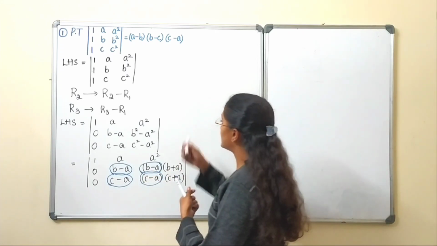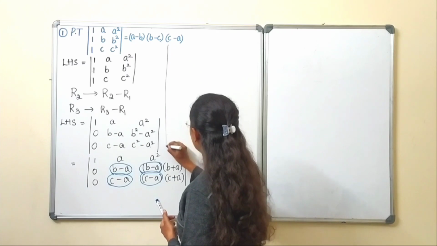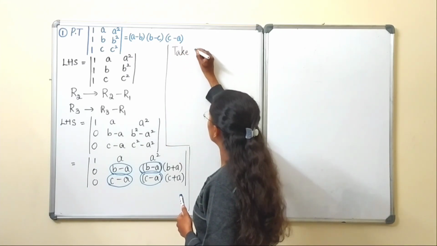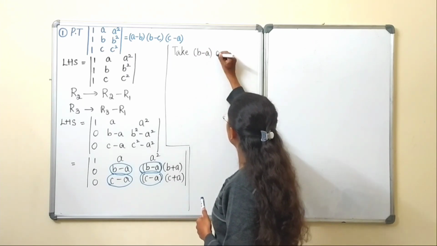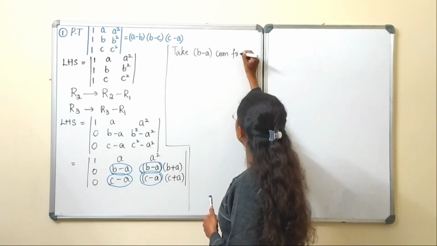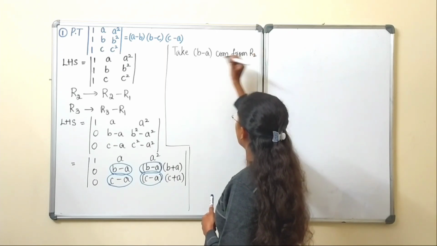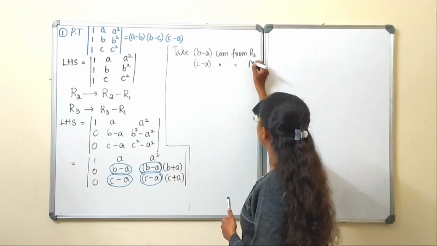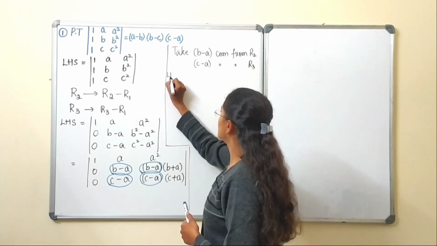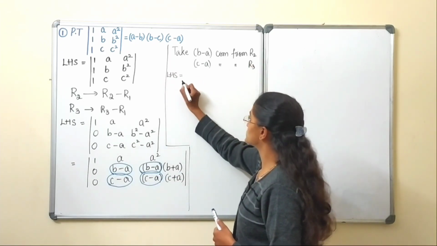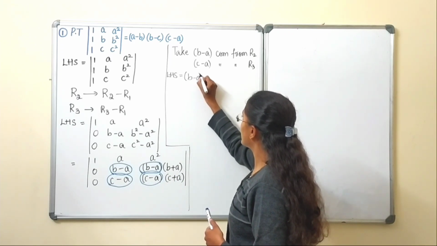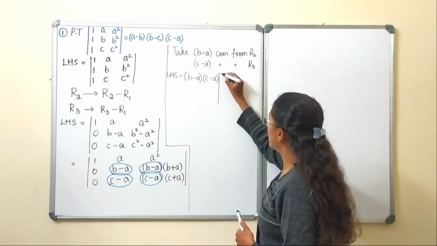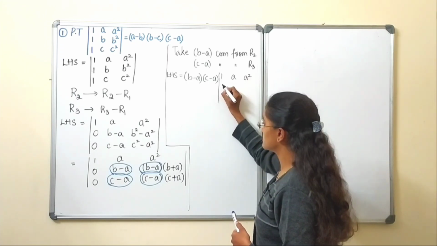Therefore the whole determinant changes to b minus a into c minus a, which are the common out terms, times the left determinant.